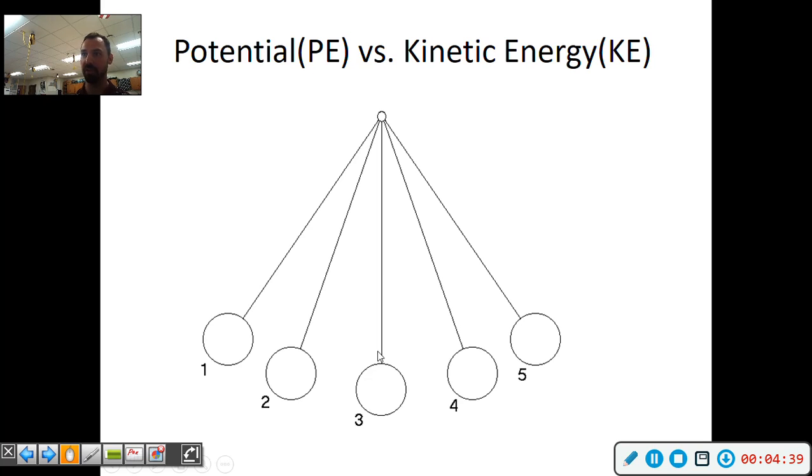With the roller coaster, at the top of that first hill, where you feel that stop for one second and then you go, that's where the greatest potential is. So potential to kinetic, back to potential, back to kinetic, back and forth.